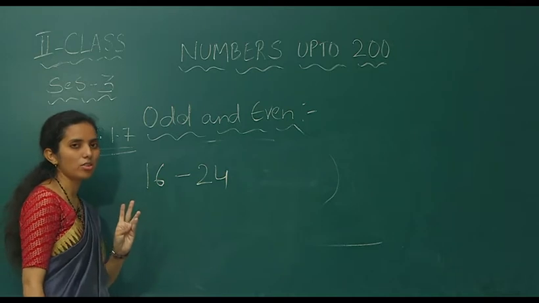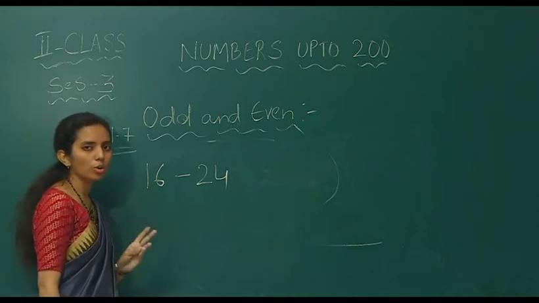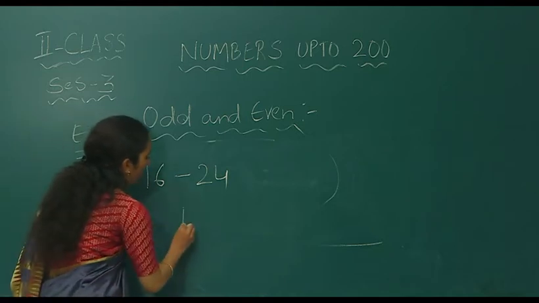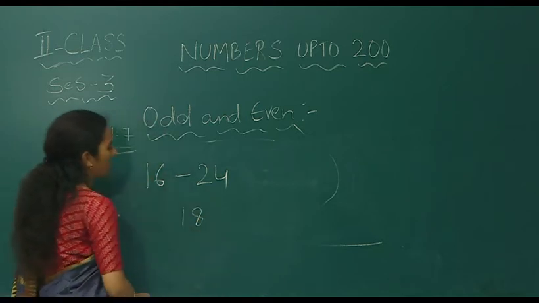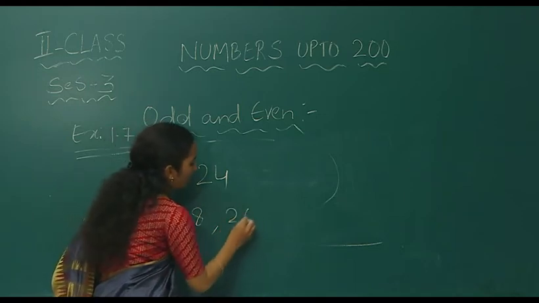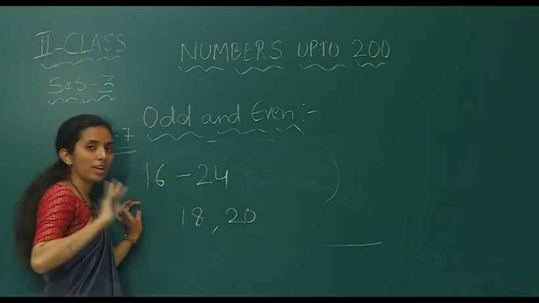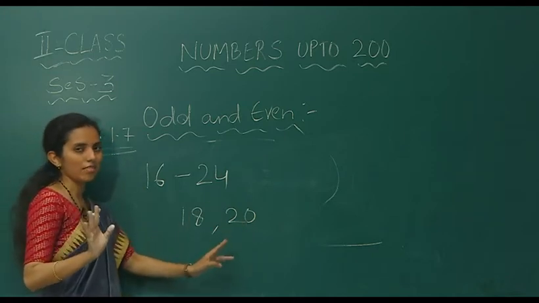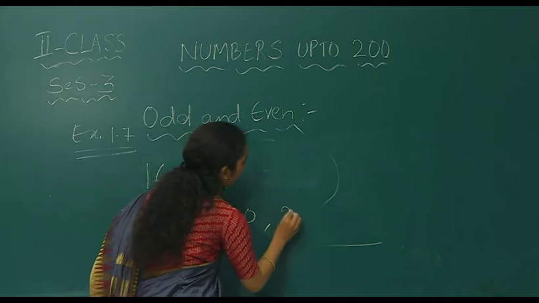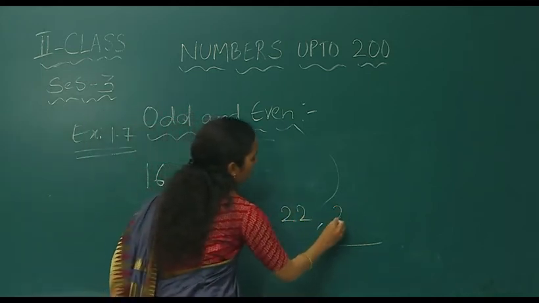No, 17 is not an even number because there is no 0, 2, 4, 6 or 8, but there is 18. So 18 is an even number. 19, no. 20, even number. Why? 0, 2, 4, 6, 8. If we have these numbers in the last place, it is an even number. Okay, 20, 22 and 24.